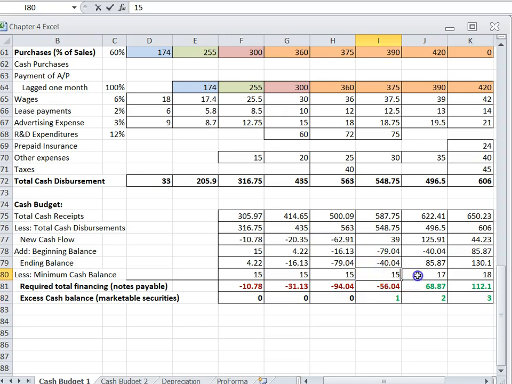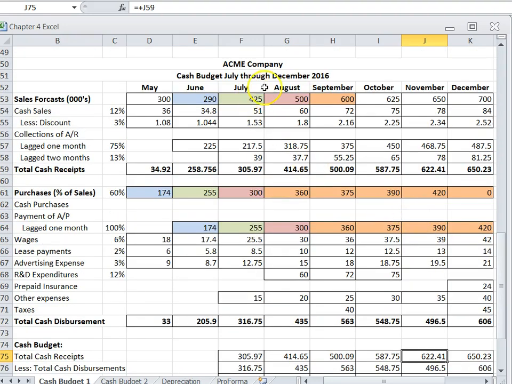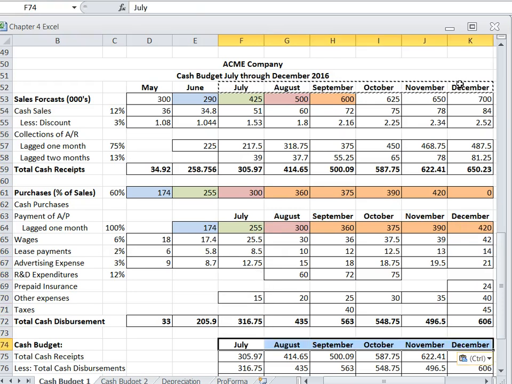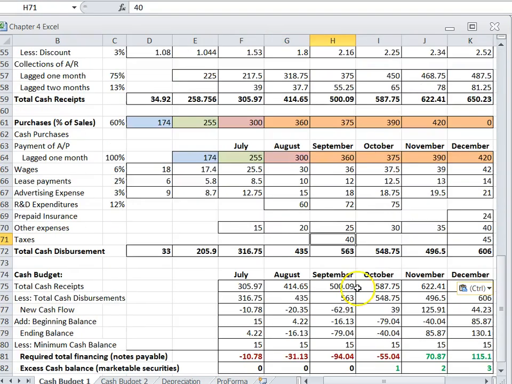This should be 15. This is one problem with dragging the numbers forward. So we have a cash deficit, but finally, I'm not sure what month this is. Let me just copy these months down. That's better. So I see what month we're in.